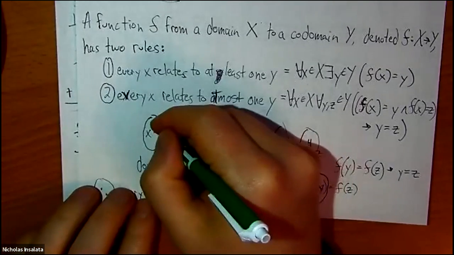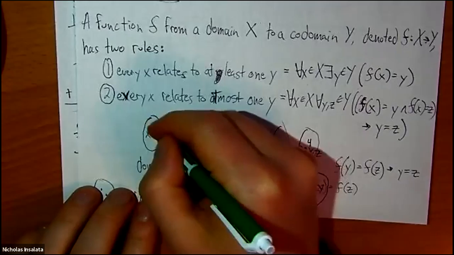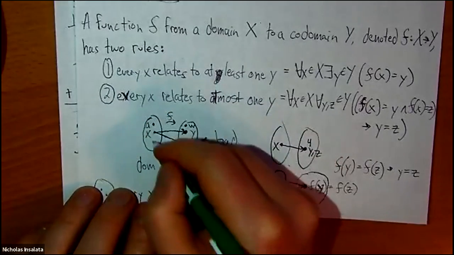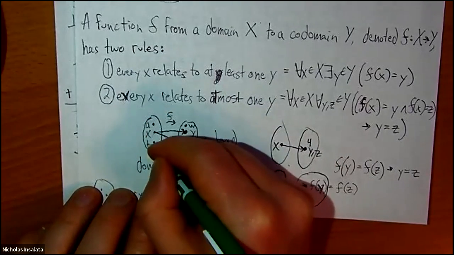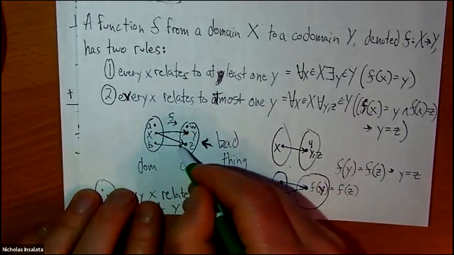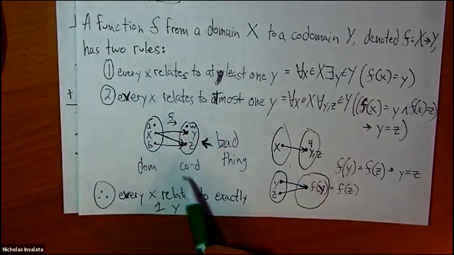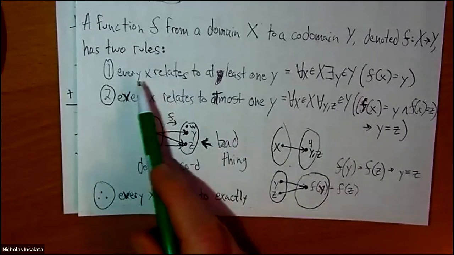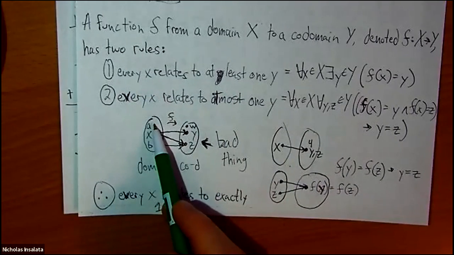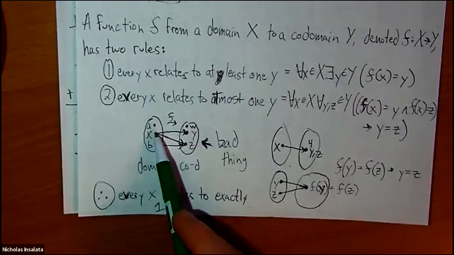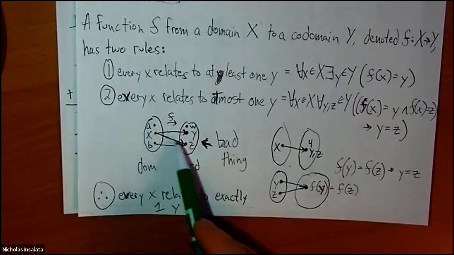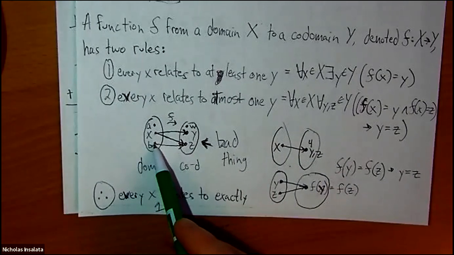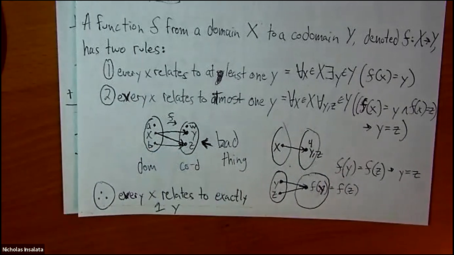So if I had an a, an x, and a b, and here's my function diagram, this a in the domain is breaking rule number 1, there's no arrow coming out of a. The x is breaking rule number 2 because it has 2 arrows coming out. And this b is following the rules. Any questions there? Does that all make sense?